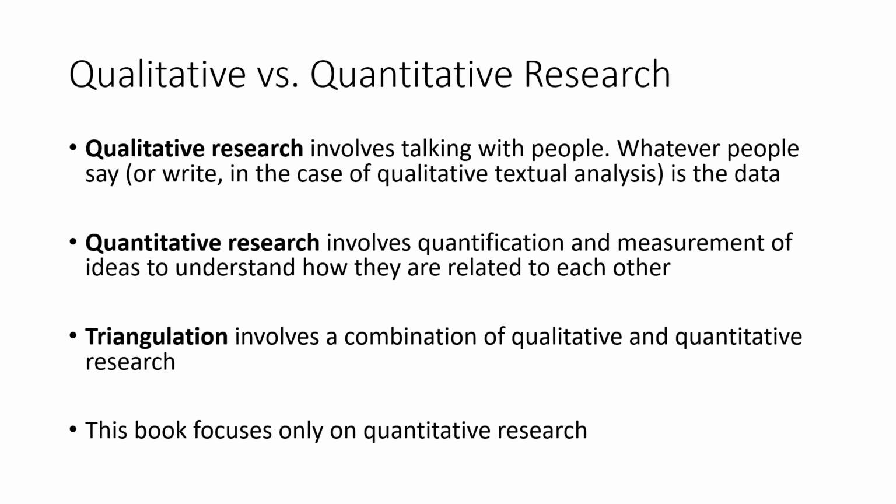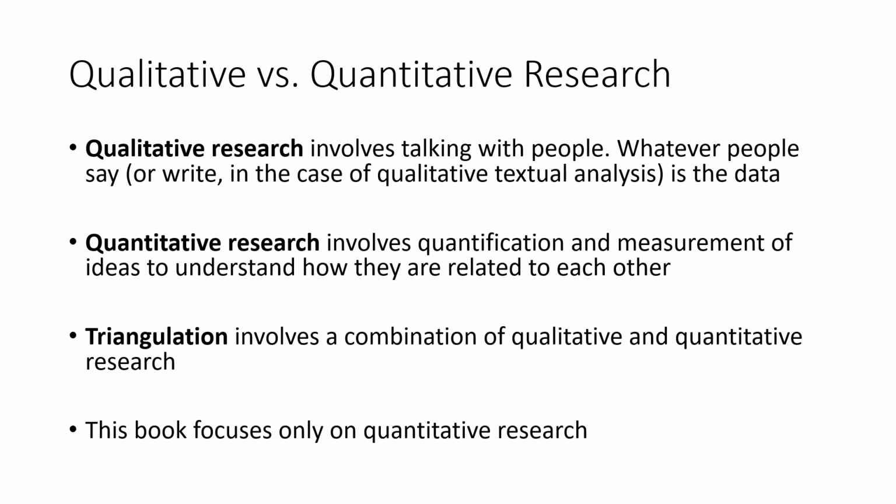On the other side of the equation, we have quantitative research. Quantitative research involves quantification and measurement of ideas to understand how those ideas are related to each other. So quantitative research is also referred to as statistical research or data science.